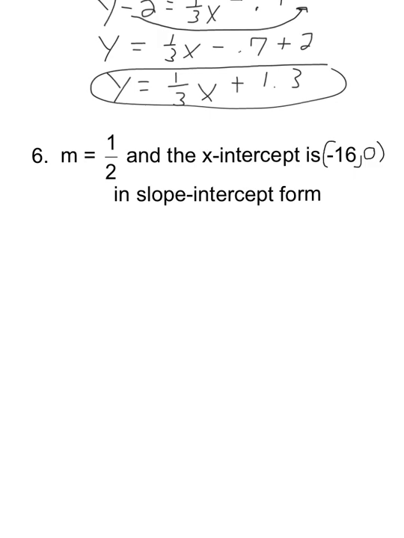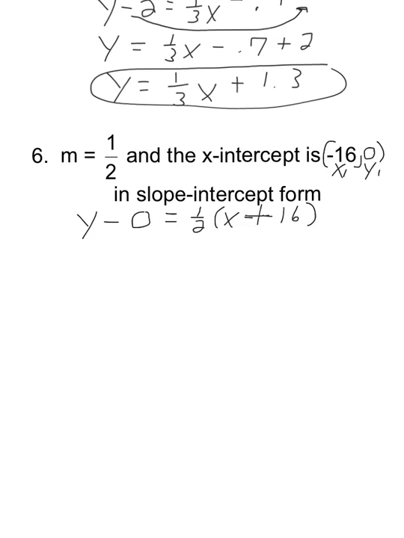So now I have a point and a slope. So I'm going to use that point-slope formula. I'm going to label x1, y1. We're going to plug it in. Y minus the y1, which is 0, equals my slope, which is 1/2, times x minus x1, which is -16. A minus makes a plus.